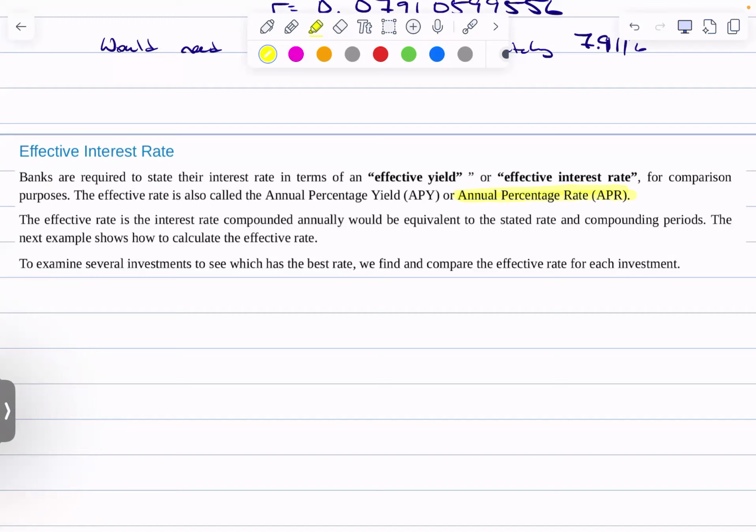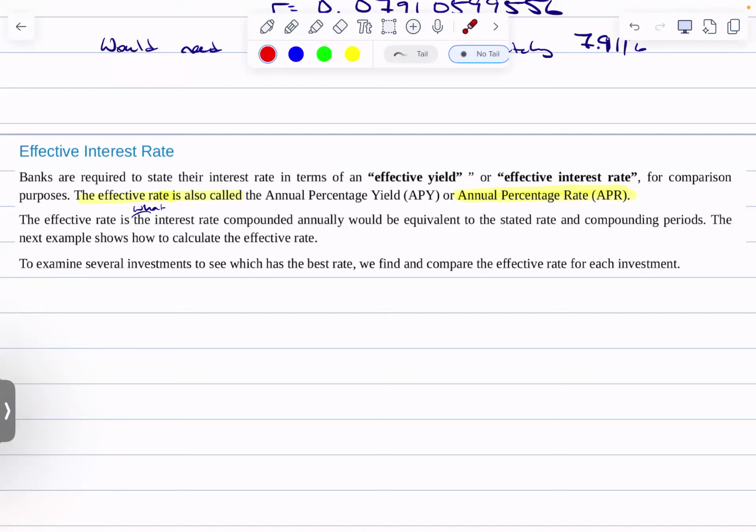And so the effective rate is also called the annual percentage rate, APR. So the effective rate is the interest rate compounded... this is missing a word. Let's see if that makes sense. The effective rate is what the interest rate compounded annually would be equivalent to... How do you make this make sense?